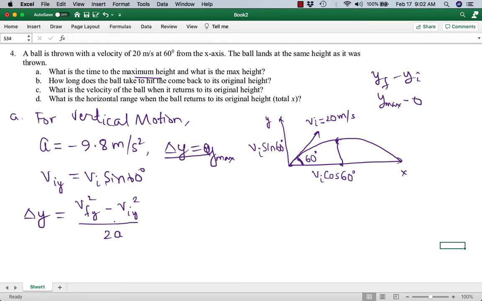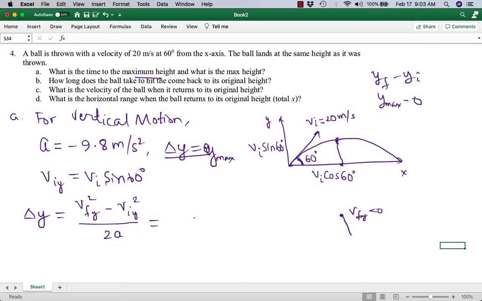In this equation we also need to know vfy, the final velocity at the highest point, and we know that at the highest point the ball stops momentarily, so v final y is 0.